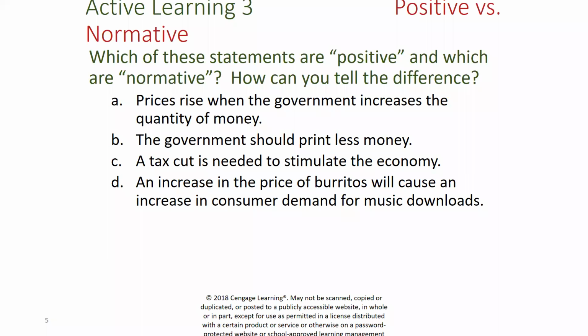Before I go to positive and normative, I'm going to talk about micro versus macro. Micro is what we're doing first. It's households, firms, industries. It is the snapshot. Macro is the aggregate.